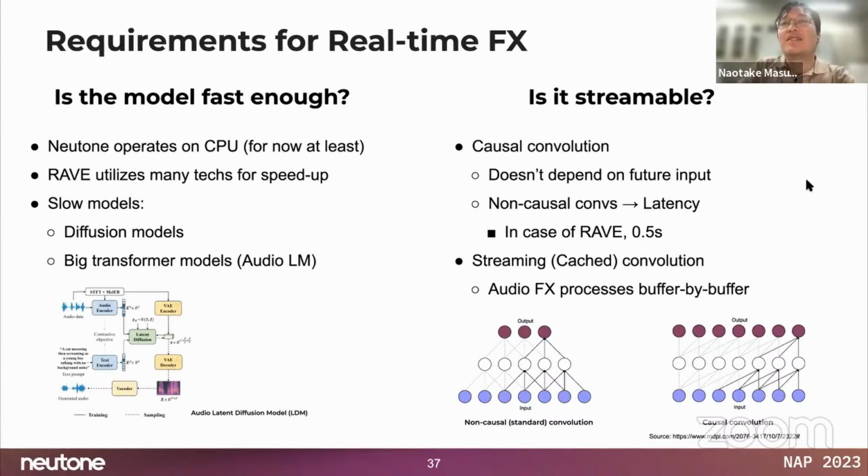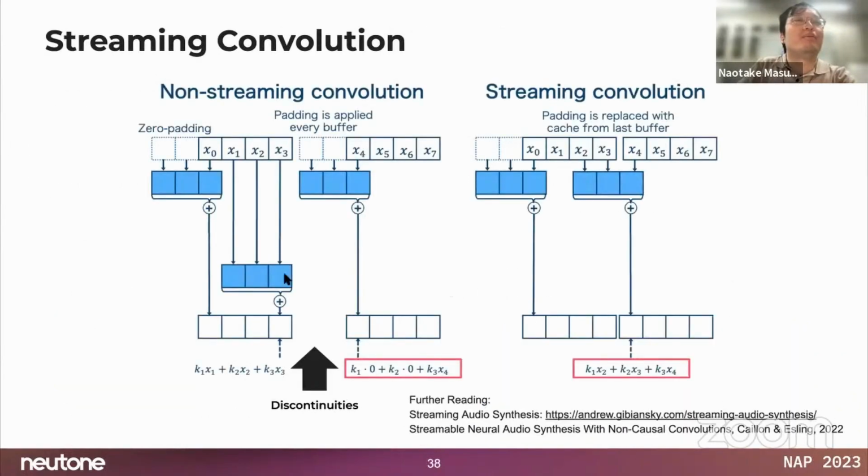Another thing is streaming convolution, or cached convolution. I'll just show a diagram. These are buffers, this is the first buffer and the second buffer.